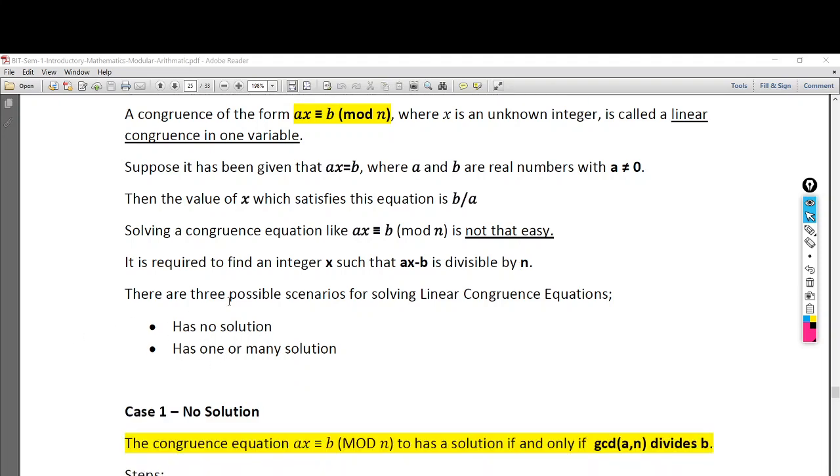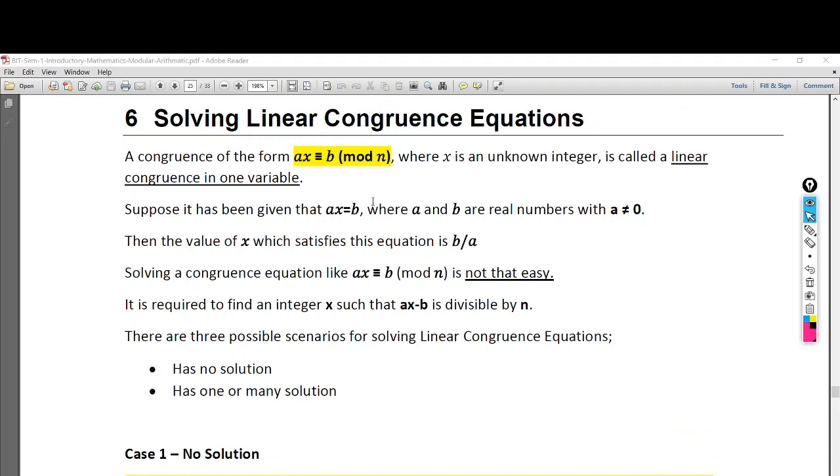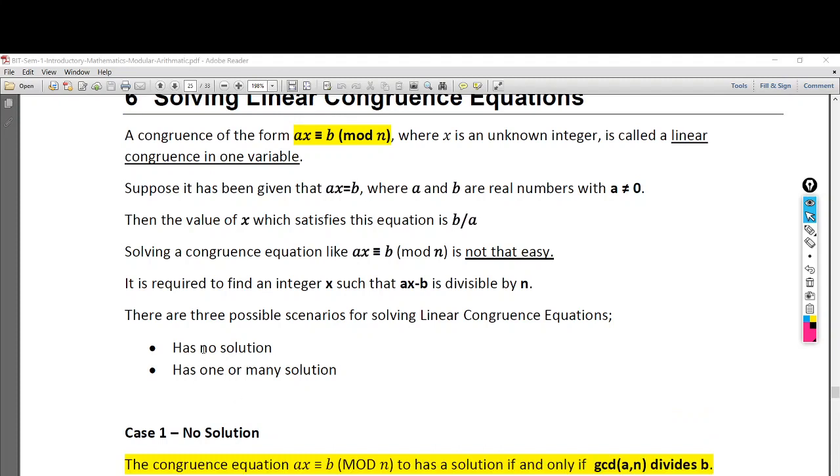Right, when you have a linear congruence equation, there are two possibilities: you have no solution, or you have one or many solutions. One possibility is that you have no solution. That means when this equation is given, by looking at it or by testing, you can say that no, this is not going to have a solution. That is a very happy scenario for you, because then you don't have to find anything.